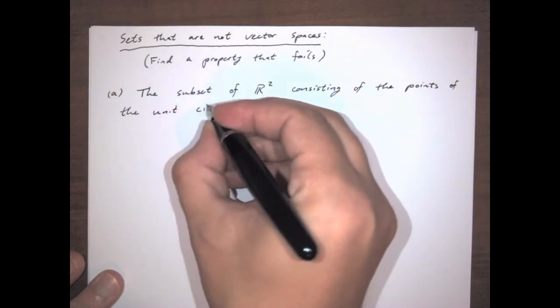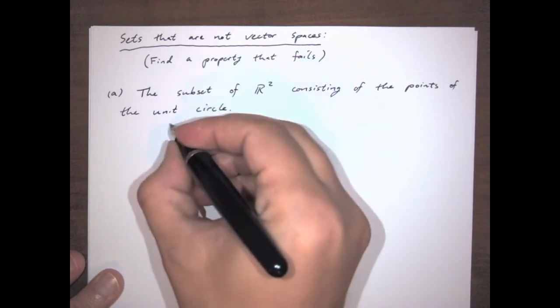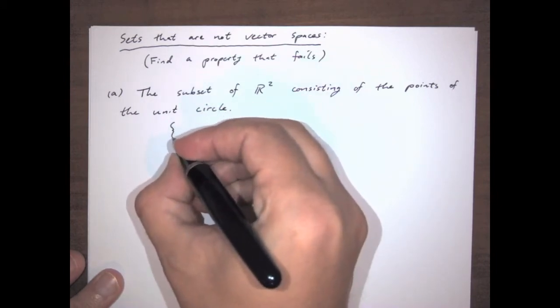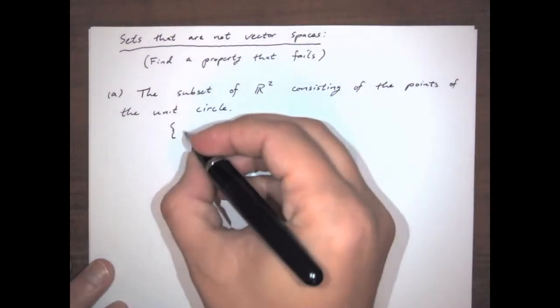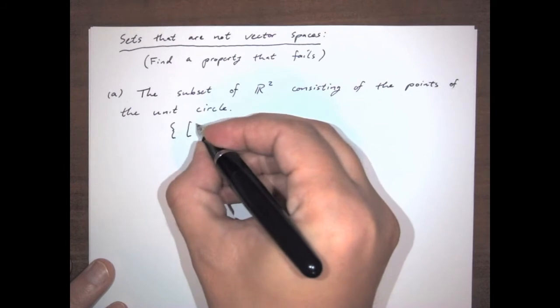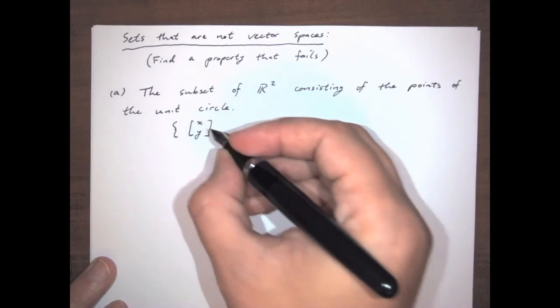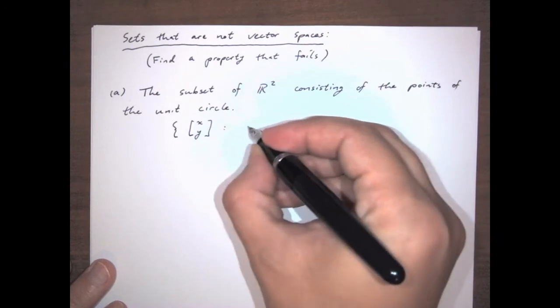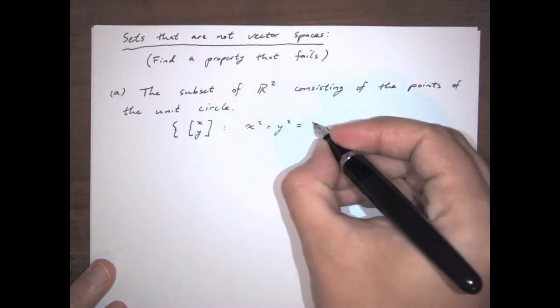If I wanted to make that nice and rigorous, I could just say the set of all points (x, y) such that x squared plus y squared equals 1.